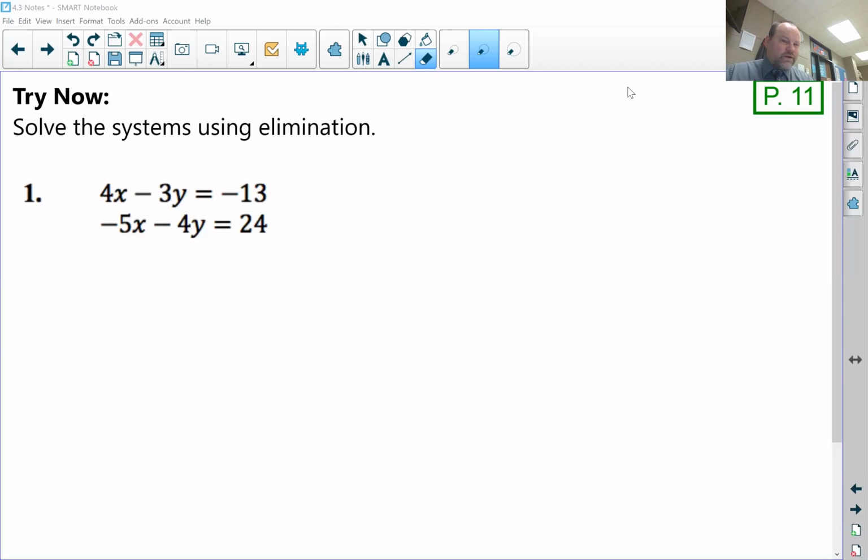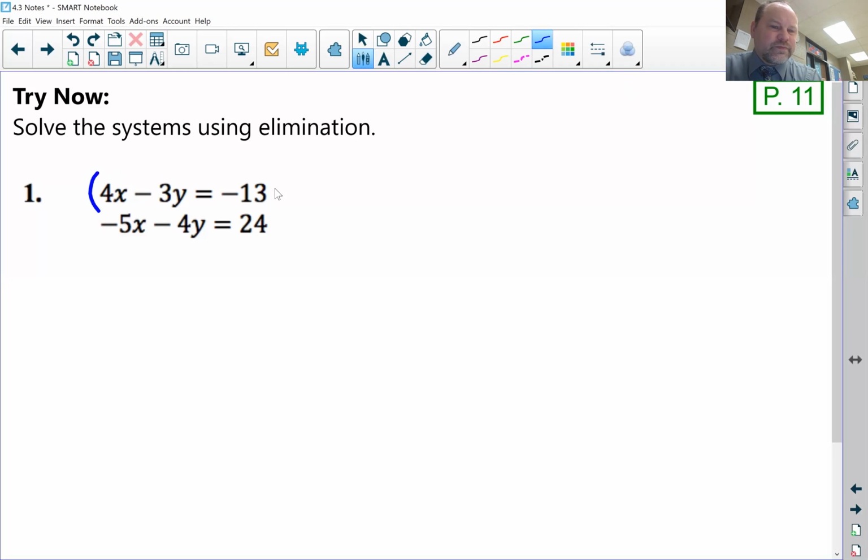For this one, I am going to eliminate the y's. And so what I'm going to do, I'm going to multiply my top equation by 4 and my bottom equation by negative 3.